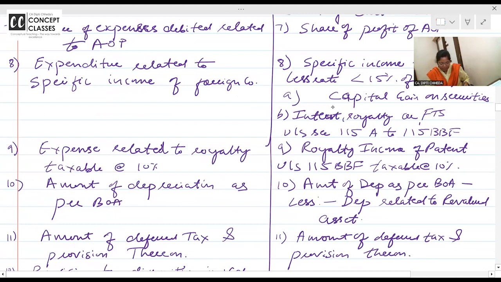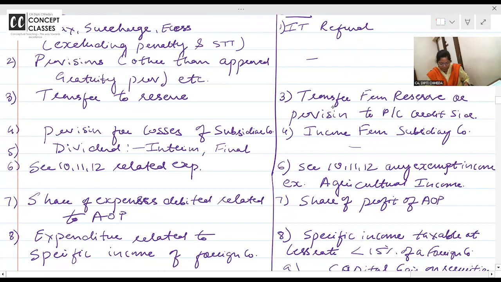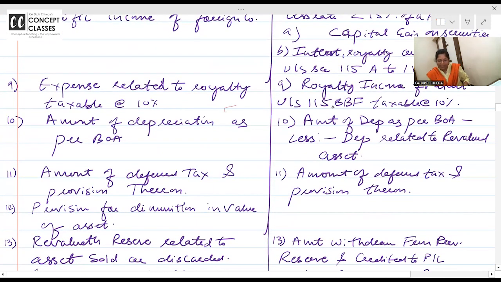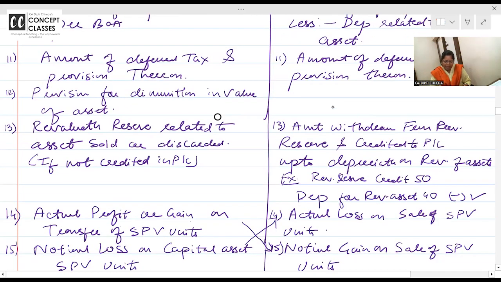See. Amount of depreciation as per books, you add back. Amount of depreciation less the depreciation on revalued assets. So 80 you add back, deduct 20, so 60 you deduct. So in short, on the depreciation on revalued assets, you are already paying tax. Now, revaluation reserve related to assets sold or discarded. If you have not credited it in the P&L account, then credit it and pay the tax.